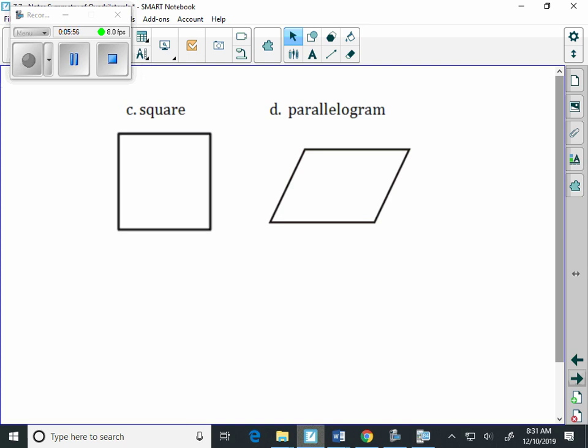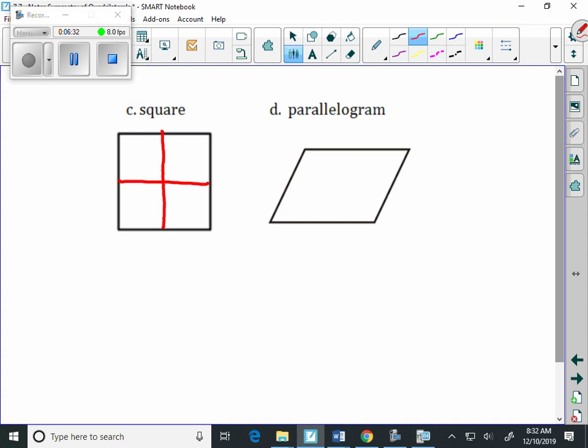We look at a square. Well, the nice thing about a square is that a square is classified as a rectangle. It's also classified as a rhombus and also a parallelogram. So if we take the features of a rectangle, we can draw in the line of symmetry here and the line of symmetry there.